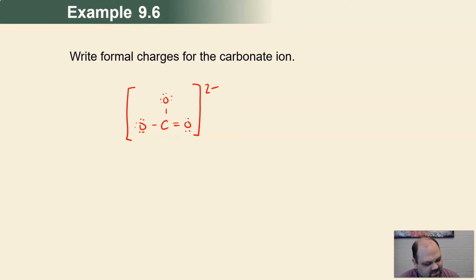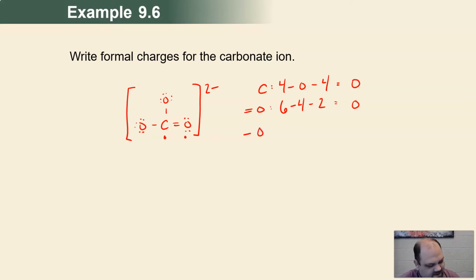Let's calculate the formal charge for carbon: it starts with 4, no lone pairs, 4 bonds, that's 0. How about this double bonded oxygen? I'm going to indicate that he's double bonded by giving him that double there. Starts with 6. He's got a total of 4 non-bonding electrons and 2 bonds. He's 0.